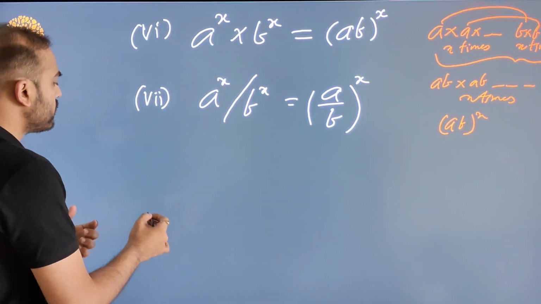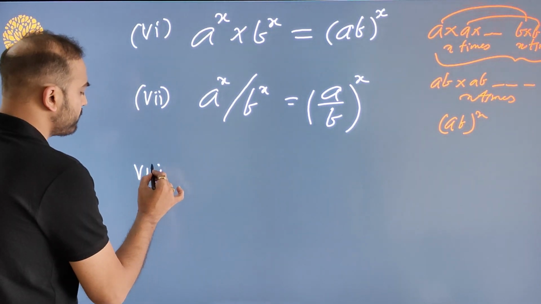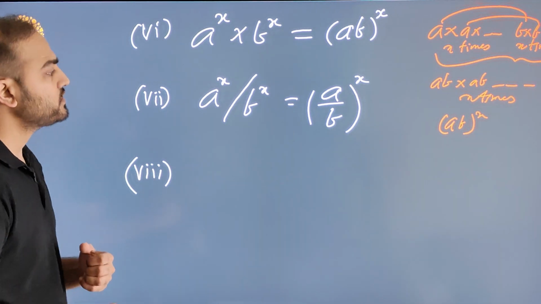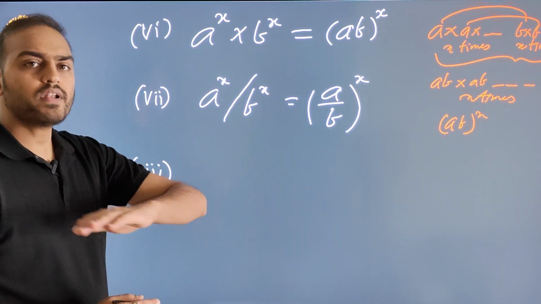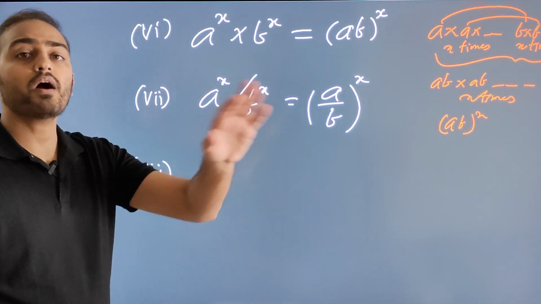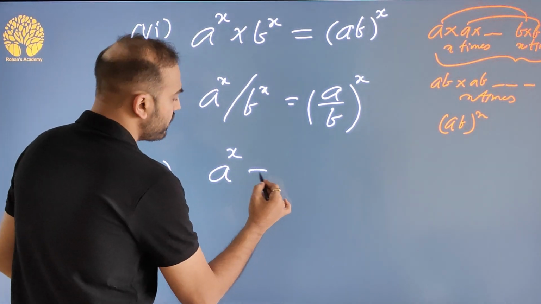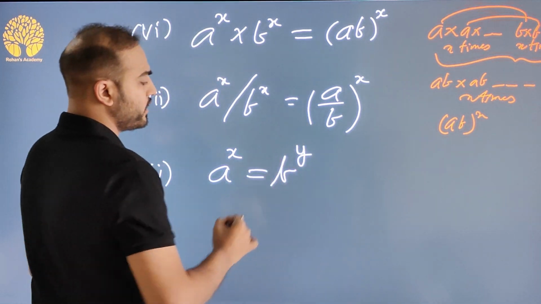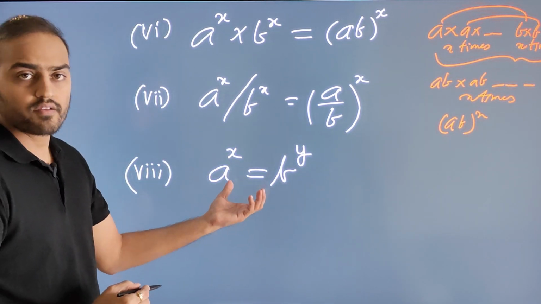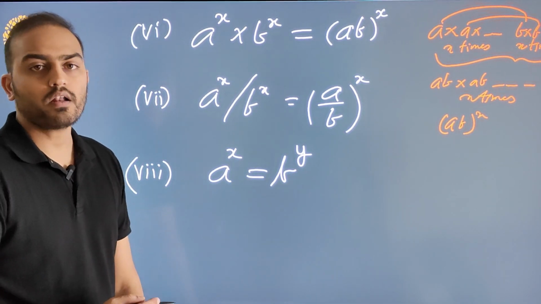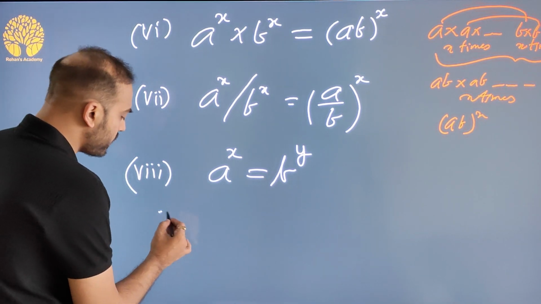Okay. Now say everything is different. Your base is also different, power is also different. Say for example, A to the power x is given to me as B to the power y. A to the power x is equal to B to the power y. Then what can we do?